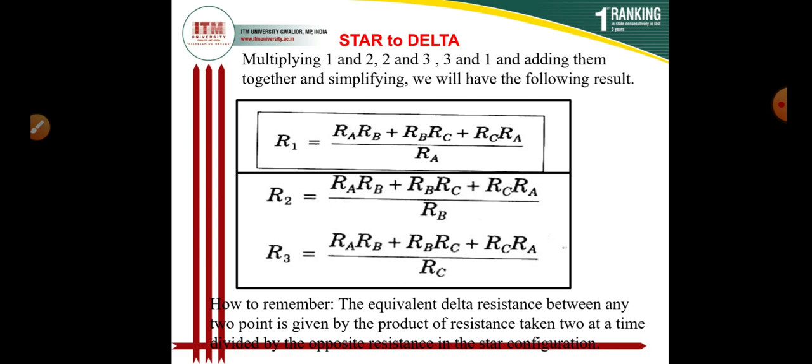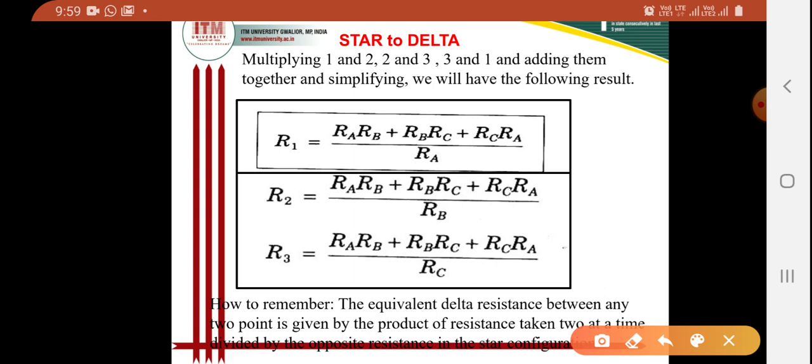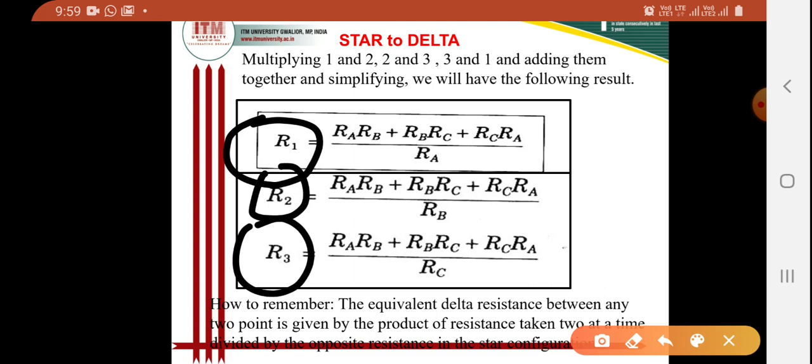First we multiply equation 1 and 2, then 2 and 3, then equation 3 and 1, and then adding them together and simplifying, we find these results, which give the resistances R1, R2 and R3 of the delta connection. So three resistances are taken in our delta connection, R1, R2 and R3, and after simplifying we find them in terms of the star connection resistances RA, RB and RC.